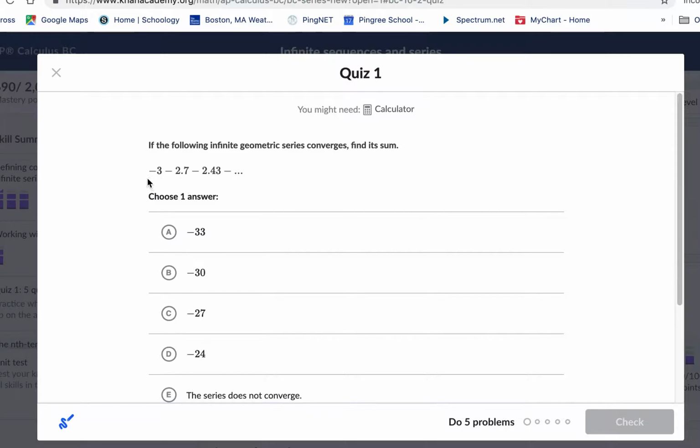You can always make a ratio. So basically 27 over 30, or if I take out a 3, that would be 9/10. So I'm multiplying it by 9/10. So negative 3 in the numerator, then divided by 1 minus 9/10, that would be 1/10. So it should be negative 30 right there.